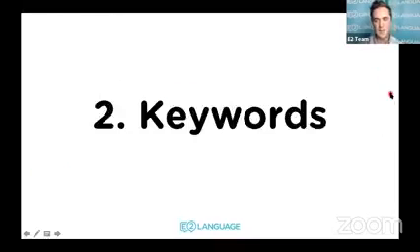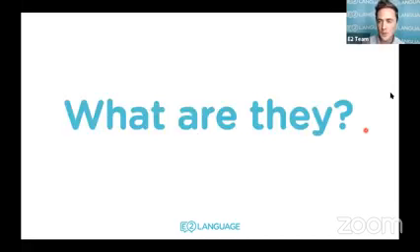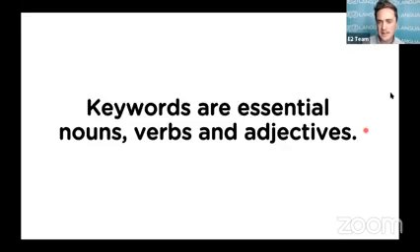Right, that brings us to our next concept that we need to understand, and that is the concept of keywords. What are keywords? Keywords are essential nouns, verbs, and adjectives. What does that mean? Well, you have two types of words in a sentence. You have keywords that mean something, and you have grammar words that stick the sentence together.